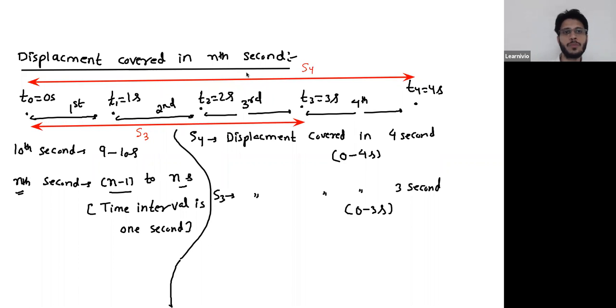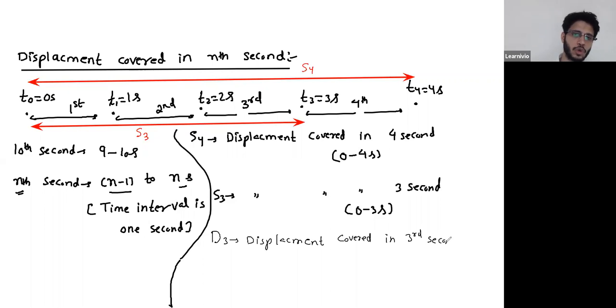If I take one more displacement, if I write here D3, D3 is displacement covered in third second. What is the interval of the third second? Between 3 seconds and 2 seconds.